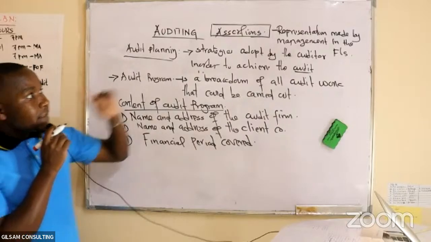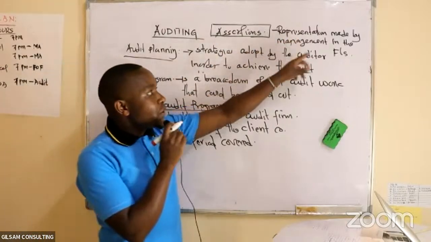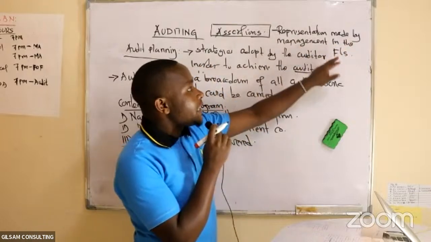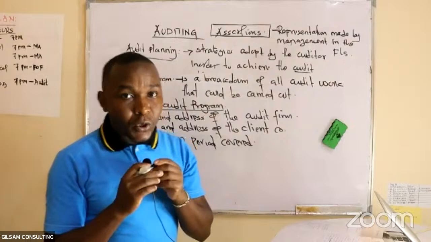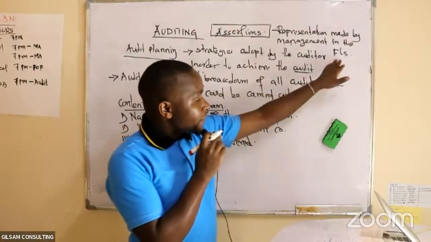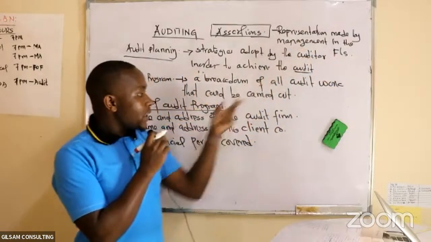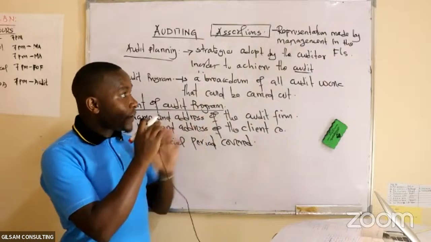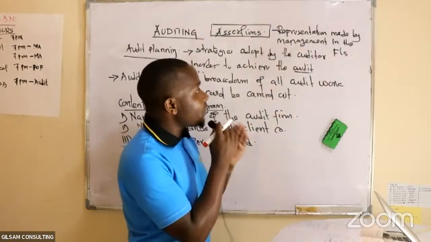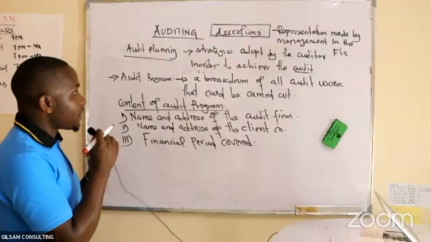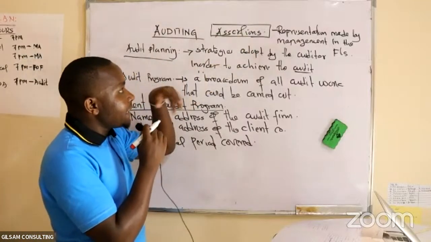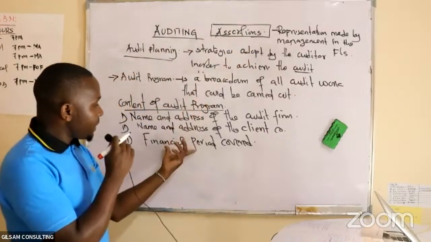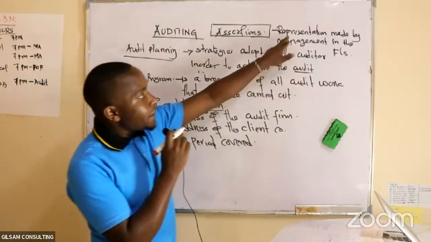So we said assertion is the representation made by management in the financial statement, because who is responsible for preparing the financial statement? It is the management, not the auditor. So you have to differentiate who is responsible for preparing the books of account. The management has to provide us the period covered by this representation.